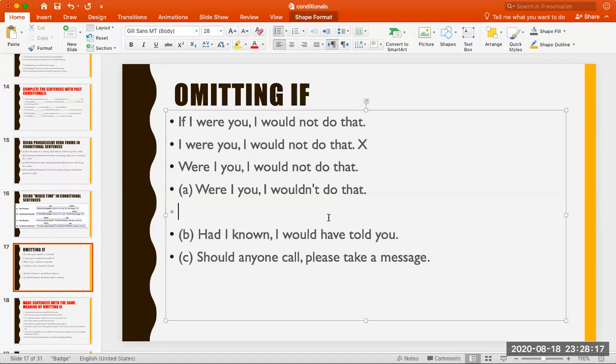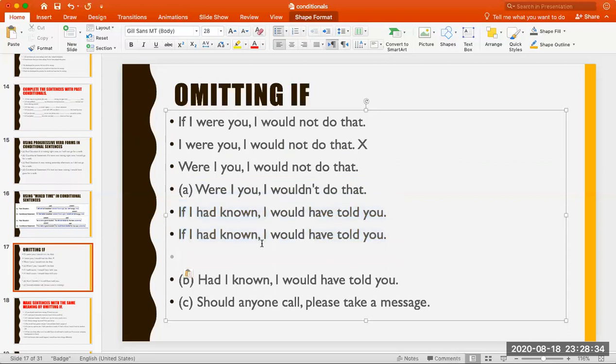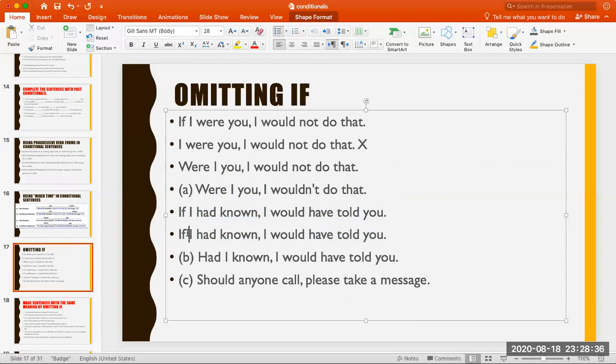So this sentence, the second one, is originally, if I had known, I would have told you. Beautiful sentence. Rule number 3, you delete if. Remember, deleting if alone is not enough because it creates two main clauses connected with a comma, which is wrong.